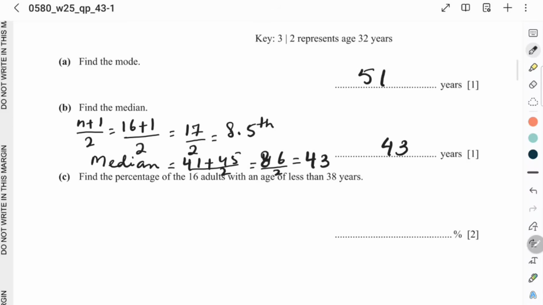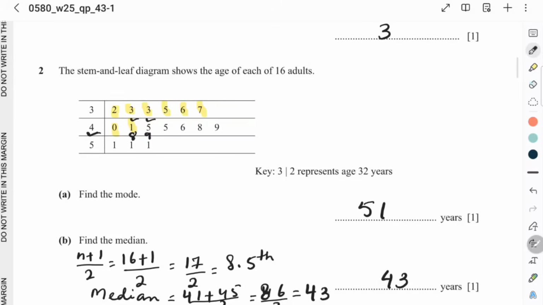Find the percentage of the 16 adults with an age of less than 38. So less than 38, out of 16 numbers, we just count how many they are. So you have 32, 33, 33, then 35, 36, 37.